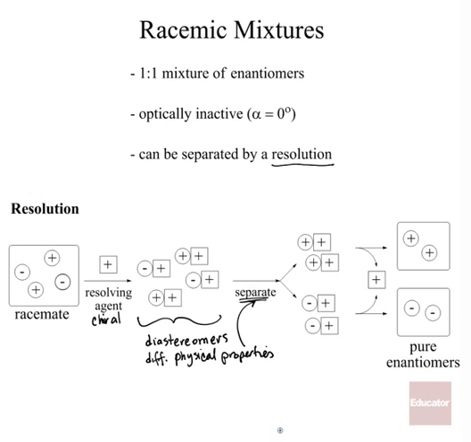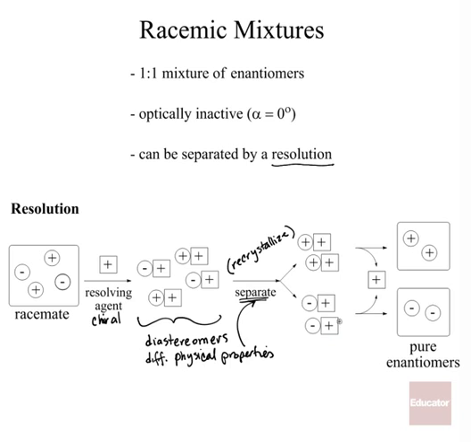So we could do something like recrystallize them or do a chromatography, something like that. Recrystallization is a very common method here. And we can effectively separate the plus-plus diastereomers from the plus-minus diastereomers.